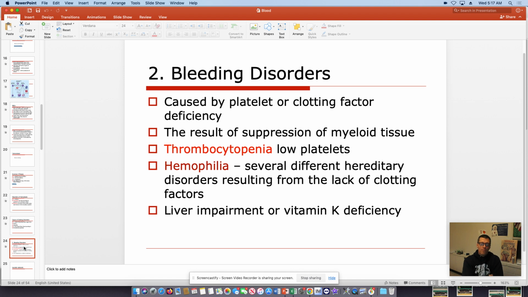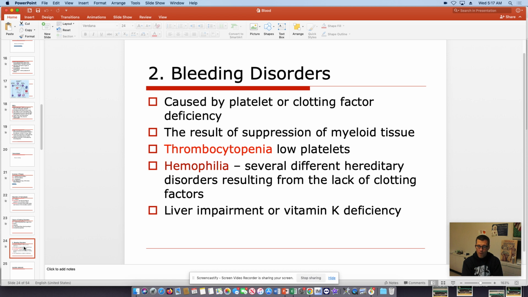Okay, so bleeding disorders, then platelet or clotting factor deficiency. So you have both. Either way it's bad. If it's clotting when it shouldn't, that's bad. And if it's not clotting when it should, that's also bad. Caused by platelet or clotting factor deficiency. Thrombocytopenia would be low platelets.